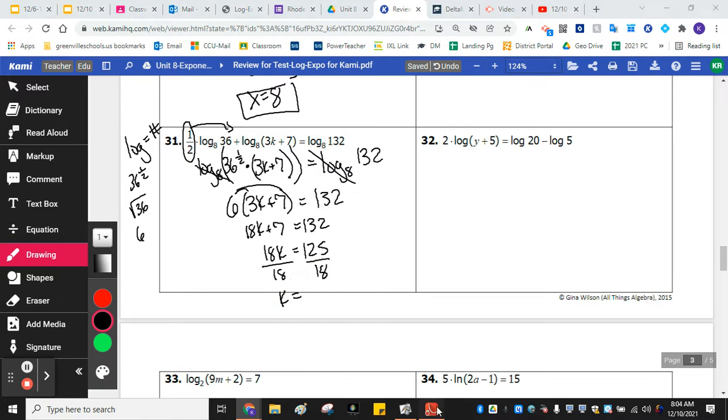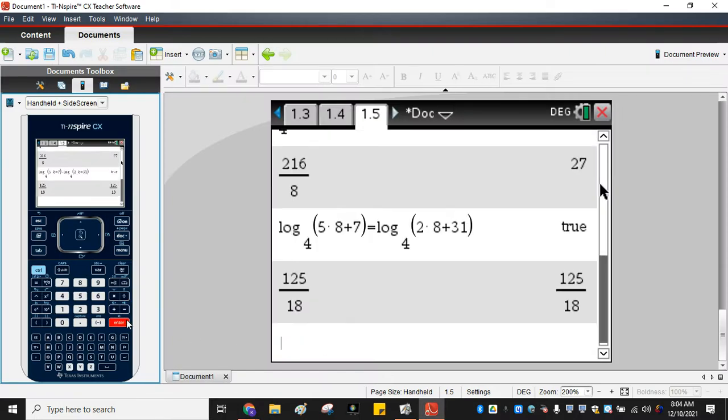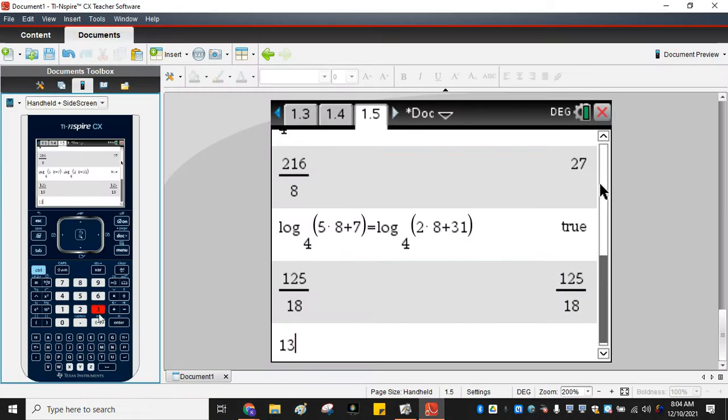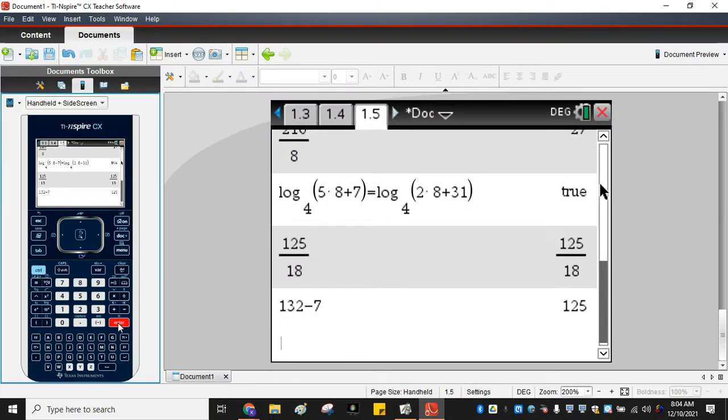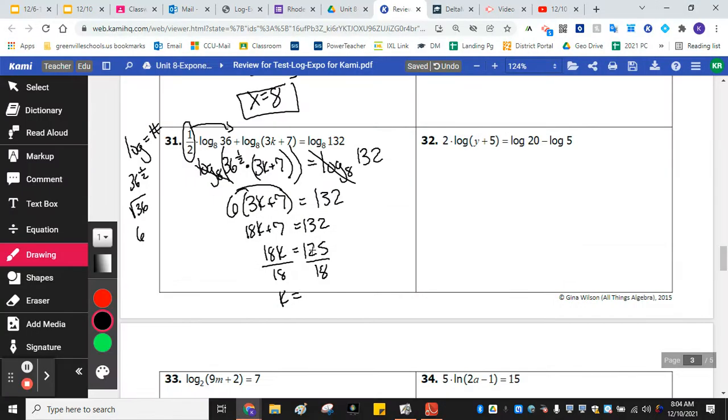K equals 32, something wrong. Okay, so it equals a fraction. It's a nice fraction, I don't know. I'll just leave it as a fraction instead of rounding and trying to get it wrong.